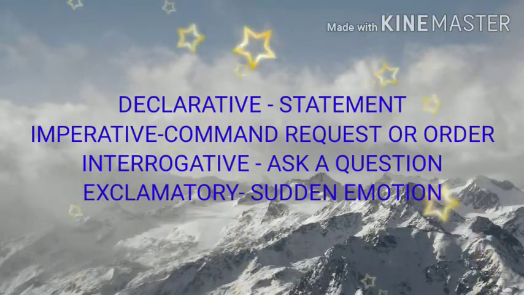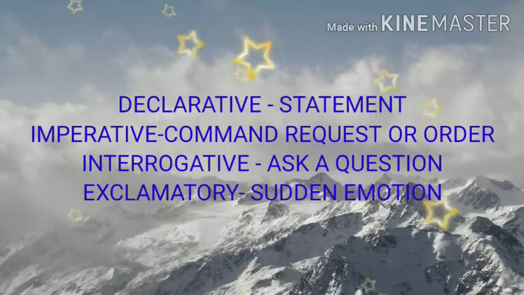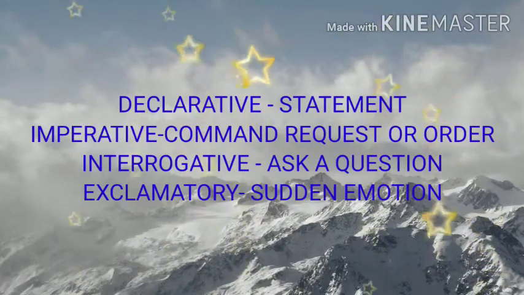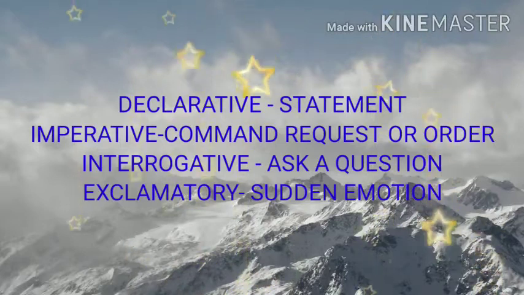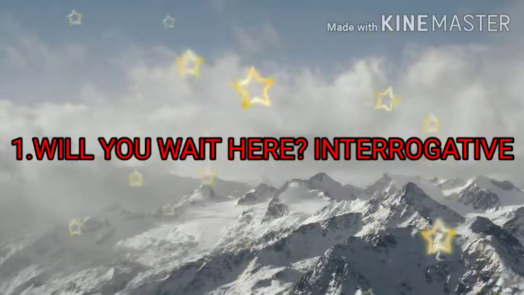Now, to analyze these types of sentences, we have to go through a few examples. From these examples, we will understand each type of sentence. The first one is: Will you wait here?